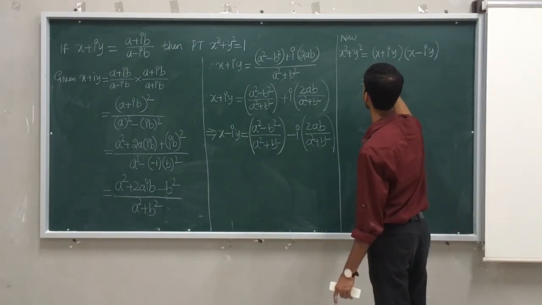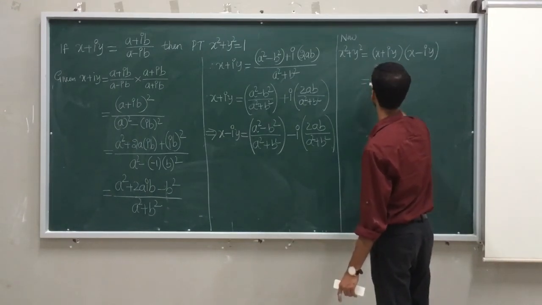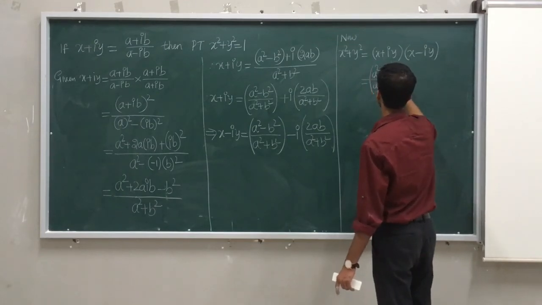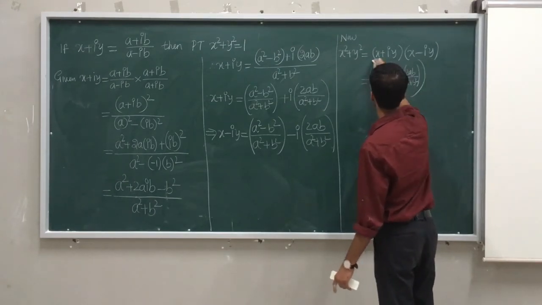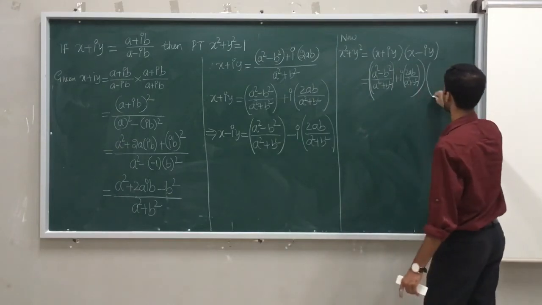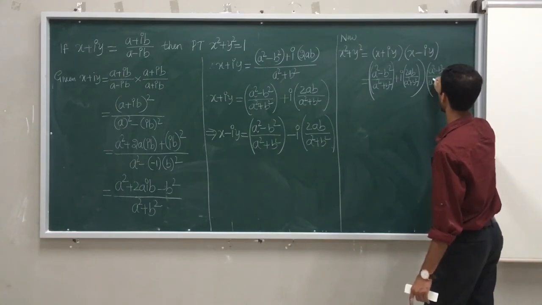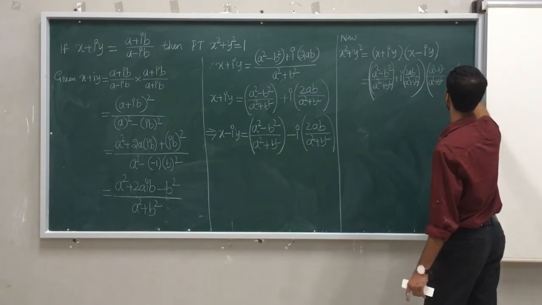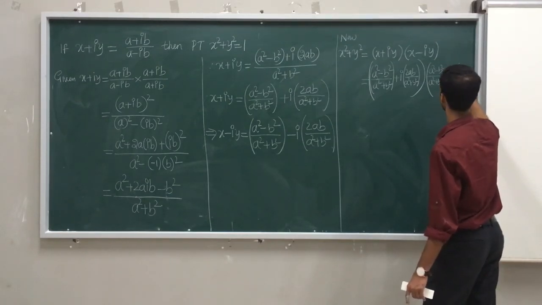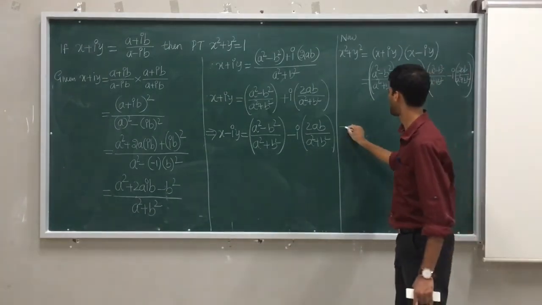It is a square minus b square over a square plus b square, plus i times of 2ab divided by a square plus b square, into x minus iy, that is a square minus b square divided by a square plus b square minus i times of 2ab divided by a square plus b square. Am I right?